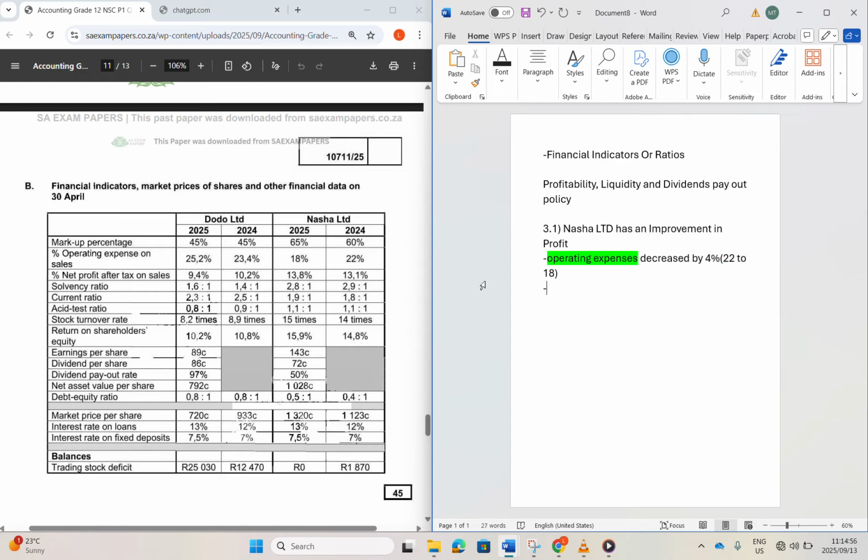Another thing is that their net profit after tax increased.